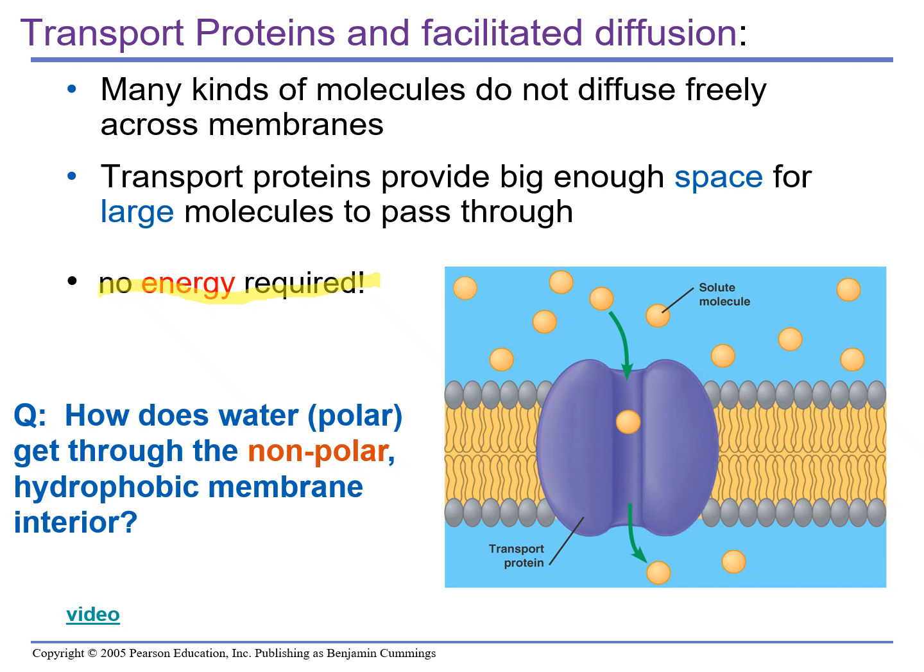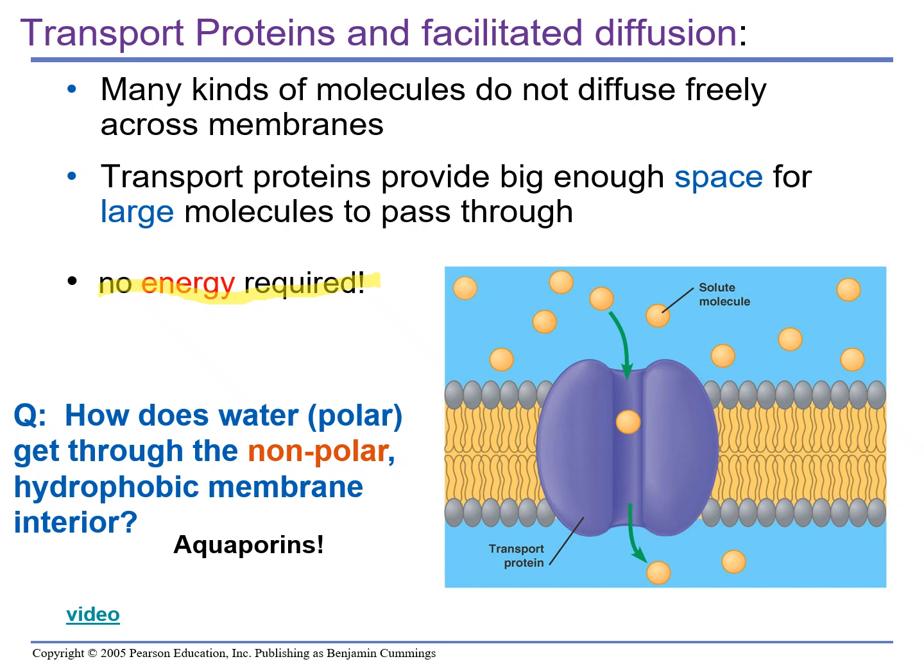So how does water, which is polar, get through the nonpolar hydrophobic membrane interior? Well, water diffuses through a process called osmosis and moves by facilitated diffusion. And the proteins that are moving water are aquaporins.